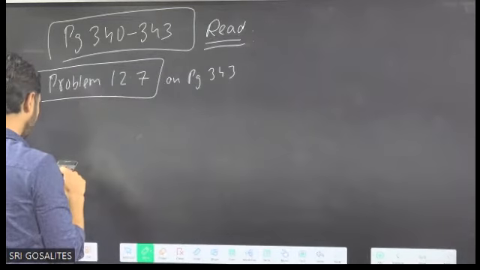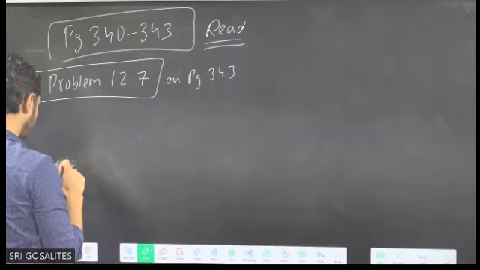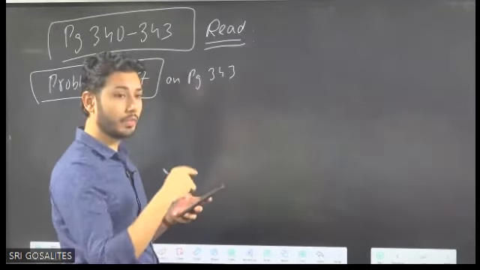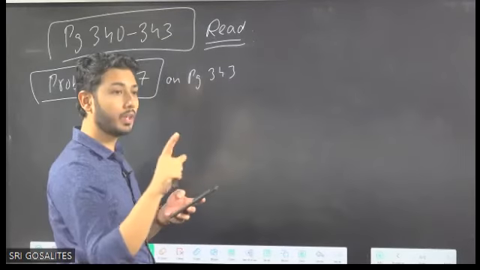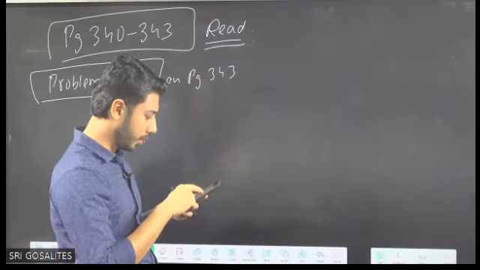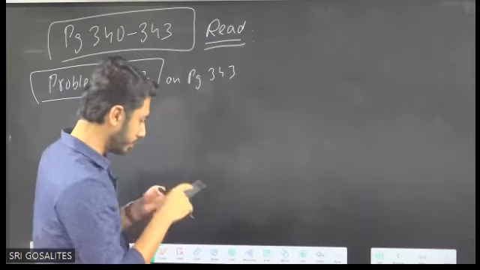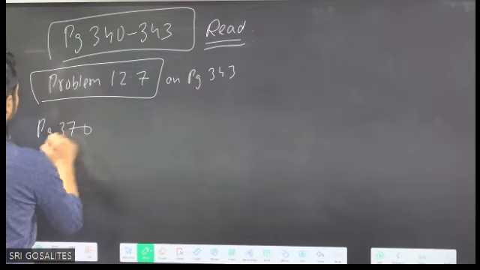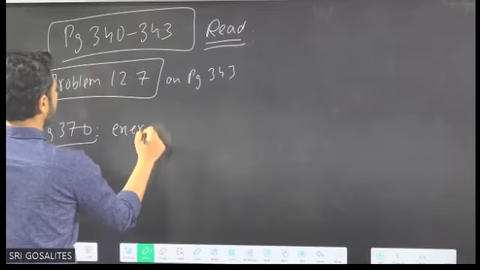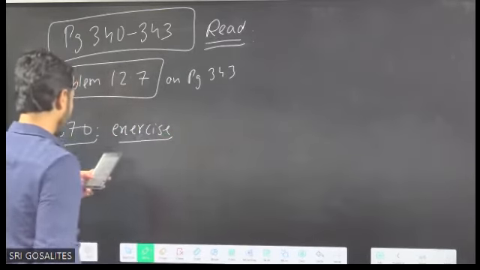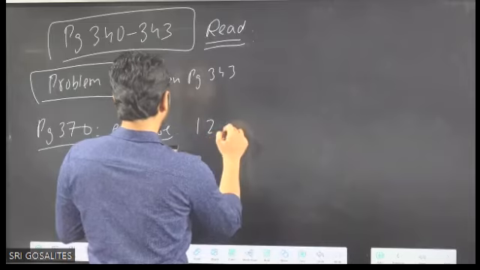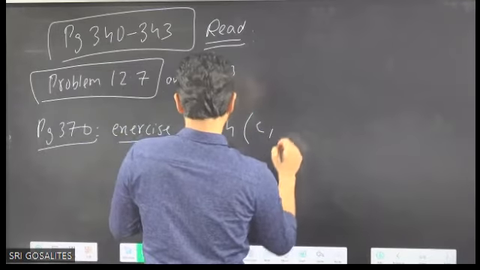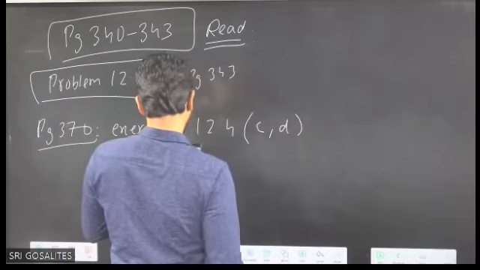ठीक है, this you can try after the class whenever you start working on the subject. Next, at the end of the chapter, page number 370, exercise questions. In the exercise 12.4, you can try which question? You can try C, the third one. You can try D. ठीक है, these two you can try.